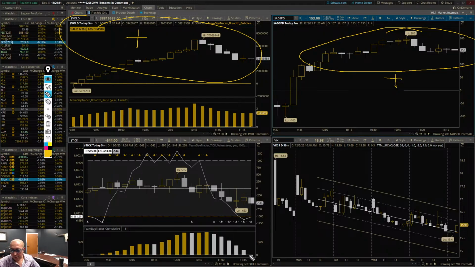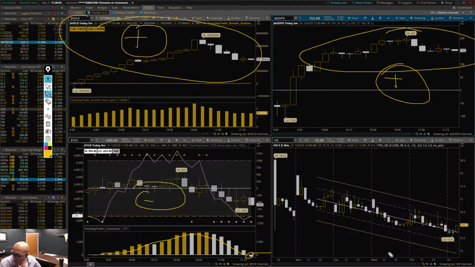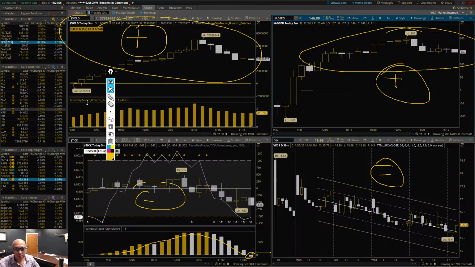This has just turned negative on the cumulative tick. We were positive and now we're kind of negative. So we have one positive, one negative, and where are we on the VIX? You do have this push up, and I'd give this a negative. Now let's look at where we are on the core list.